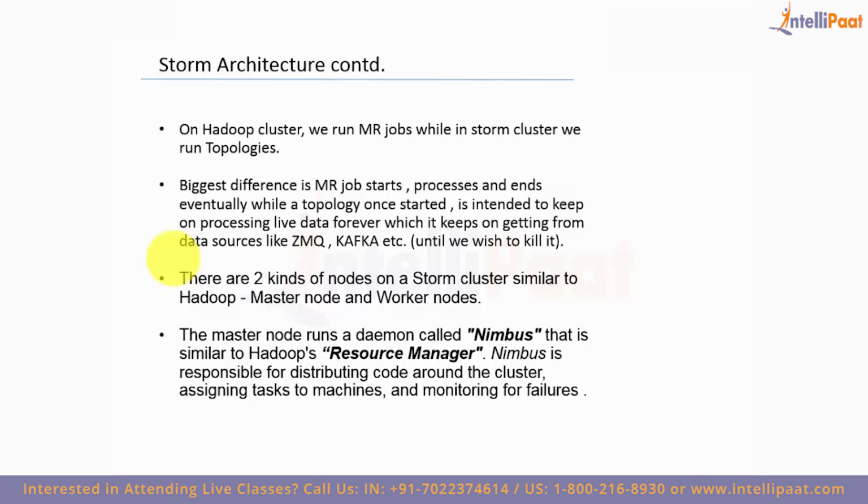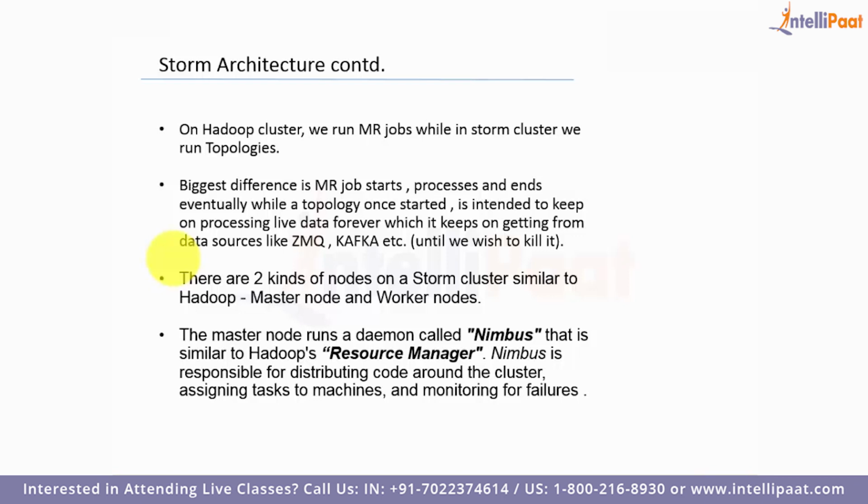On the other hand, a topology, once started, is intended to keep on processing the live data forever, which it keeps on getting from data sources like ZMQ or Kafka. The only situation where we can see a topology being terminated is either we killed it manually or it is disturbed or killed due to some system issues.